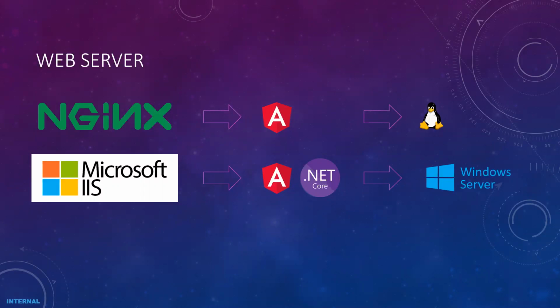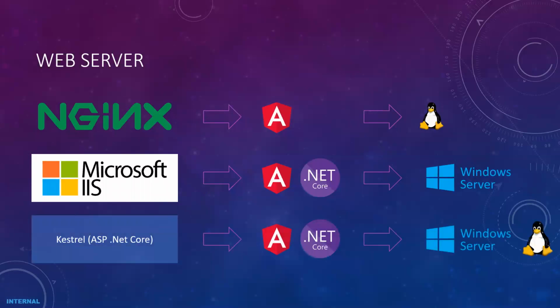Microsoft realized that, and they came up with another web server called Kestrel. It is built into ASP.NET Core. You might not be aware, but it is already built in.